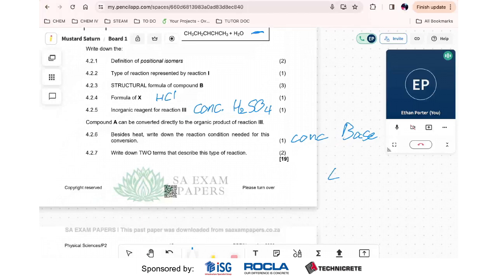So it would be correct to call it an elimination reaction. So that's one term. You could also say, just as we hydrochlorinated it in the first reaction, the alkene reacting with acid, by removing the chlorine and regenerating the alkene, we are dehydrochlorinating it. So that is also correct.